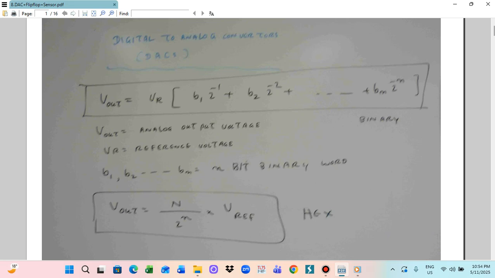In this case, VR is the analog output voltage, and VI is the reference voltage.